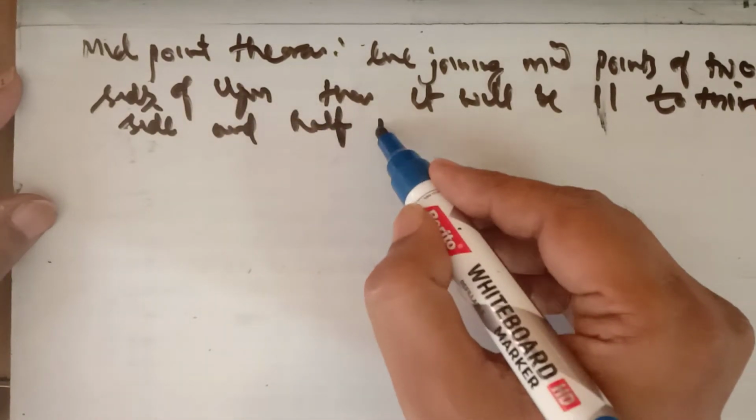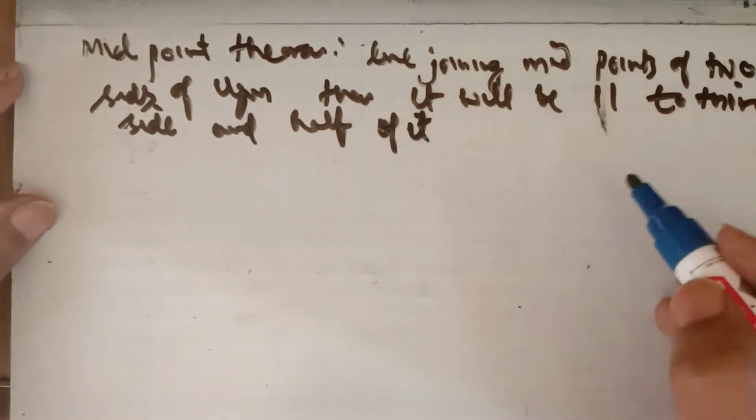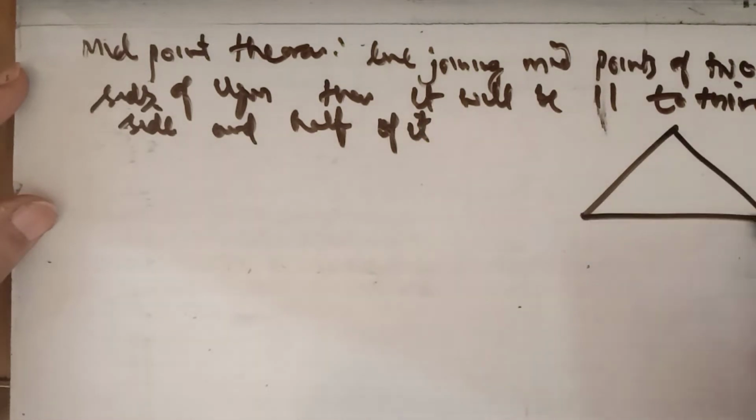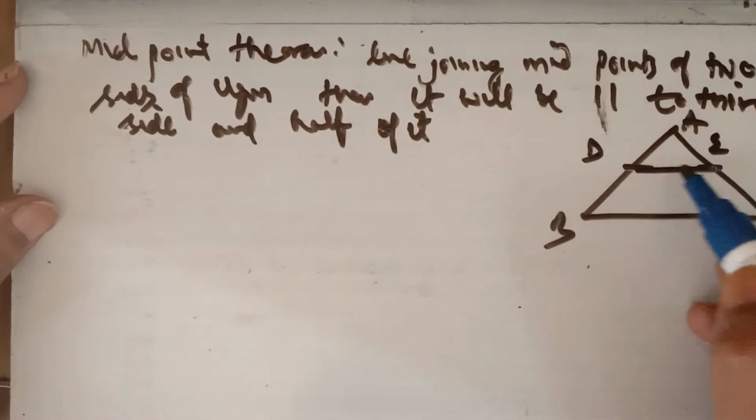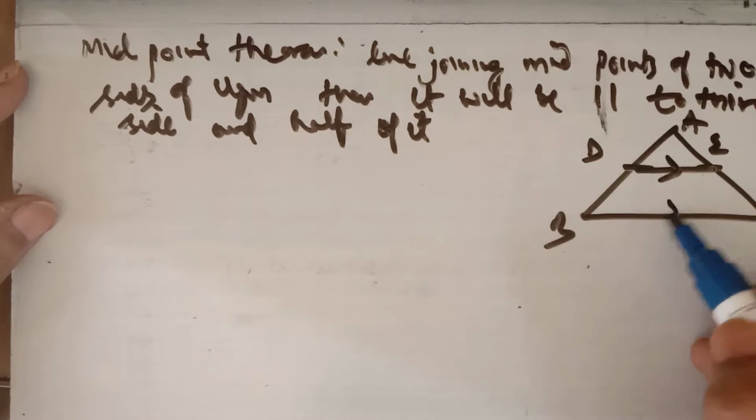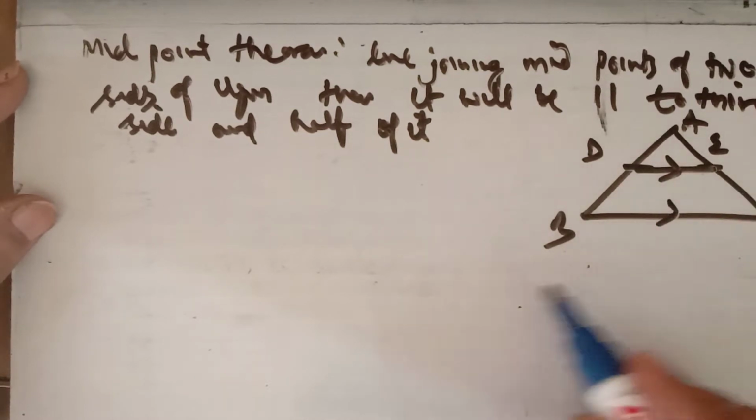That is, if it is a triangle ABC, and if D and E are the midpoints, then this line will be parallel to BC, and this will be half of BC.